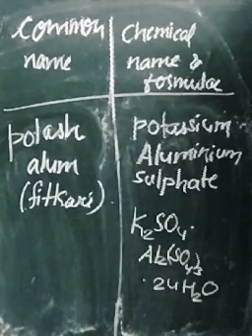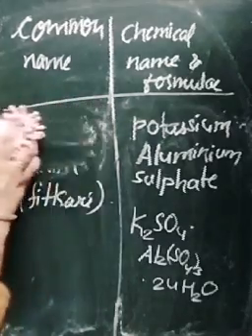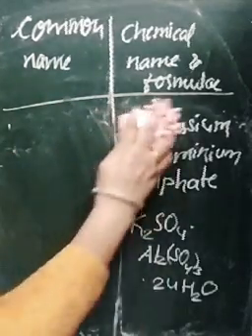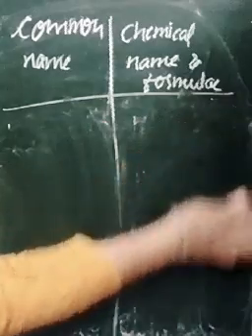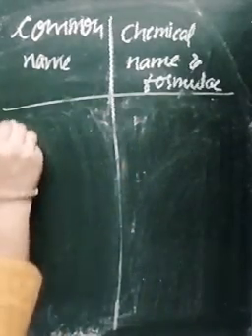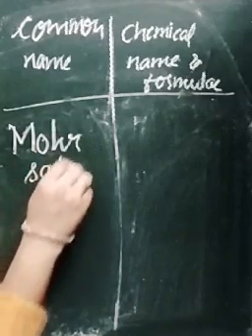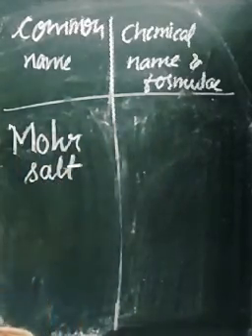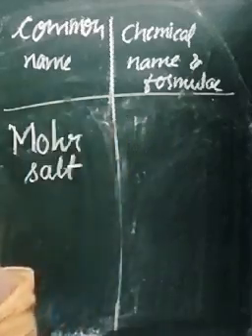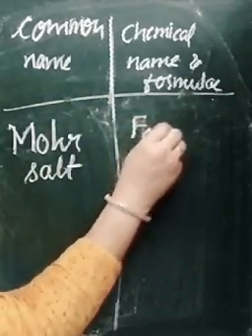Similarly, the formula for Mohr salt, its name is ferrous ammonium sulfate.